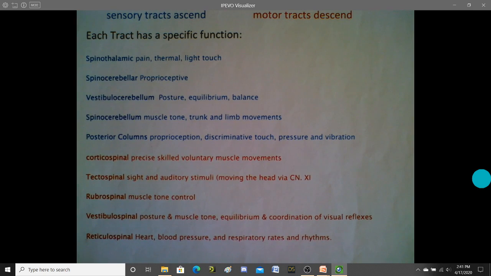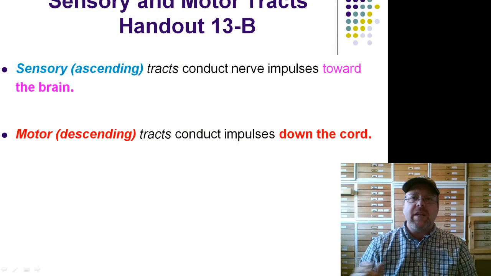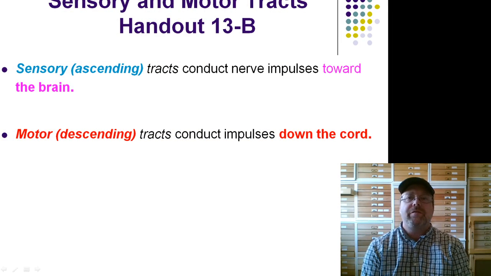So when you start running, your corticospinal tract is going to be sending information to your skeletal muscle to make you run, but then your reticulospinal is going to be sending different information to your heart and your blood vessels and your lungs to get them working as well. So again, we don't have that traffic jam that can be an issue. So each of these have a different function that's specific to a need that our body has.